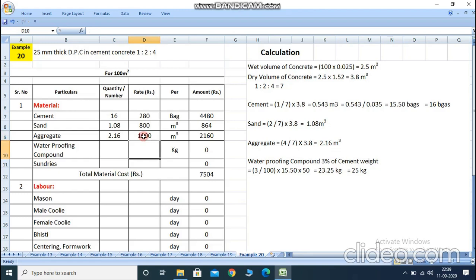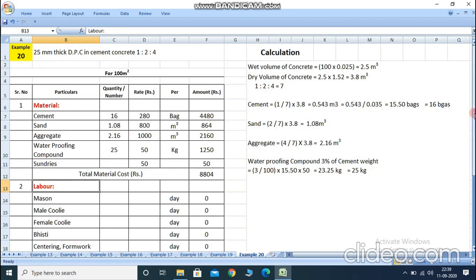Waterproofing compound is 25 kg, the per kg rate is 50 rupees, and we take extra cost as 50 rupees. So the total amount is 4480, 864, 2160, 1250 and 50, and the summation is equal to 8804 rupees, which is the total material cost. Now we calculate the labor cost.